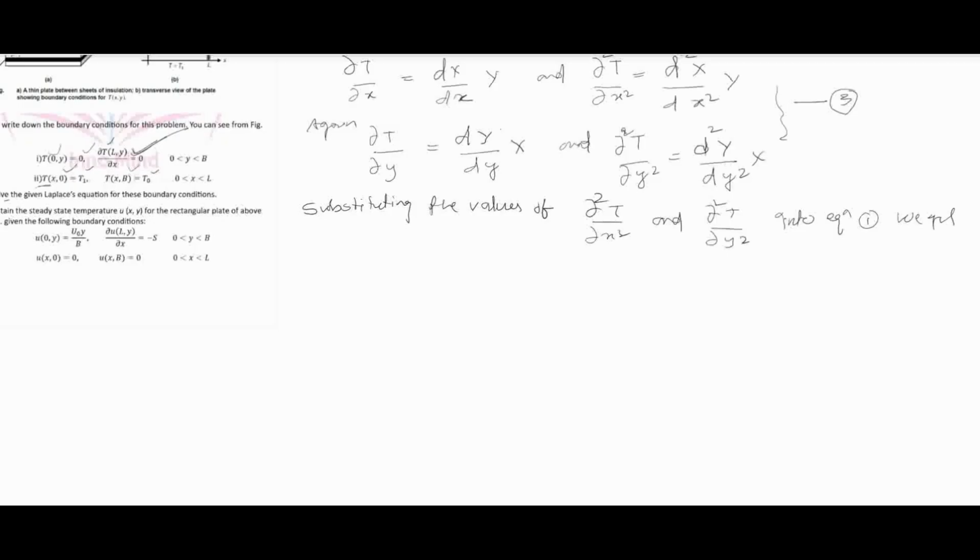What do we get here? d square X by dx square into Y plus d square Y by dy square into X is equal to 0. Now we have to eliminate this Y from the first term, and X from the second term.